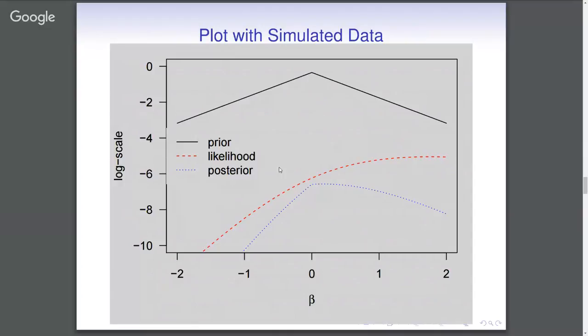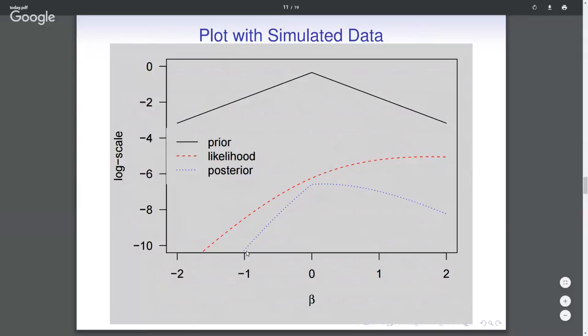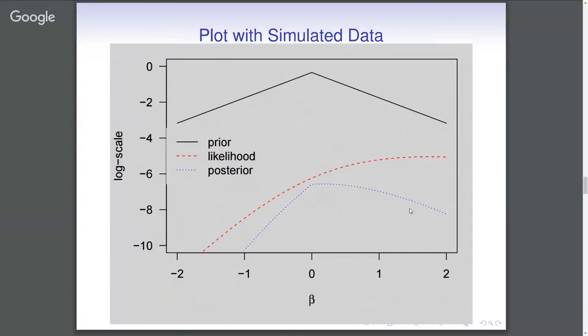But if we combine the prior and the likelihood, we get this posterior distribution in blue here that has this kink in it at 0 that reflects some contribution of the prior and the likelihood of a little bit of data. So from the lasso engineer's perspective, the point estimate of beta is exactly 0.